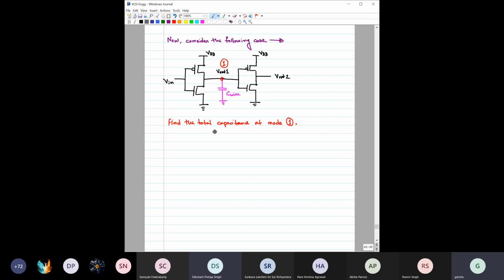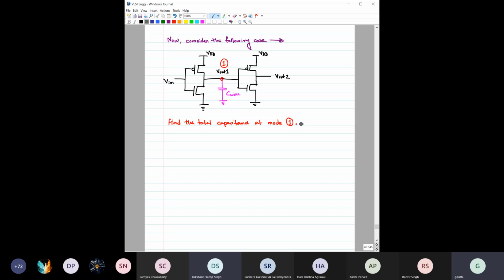Then we have to find what is the total capacitance at node 1. So what is the total capacitance at node 1? When you are considering the propagation delay, we should know the total capacitance at this node 1.